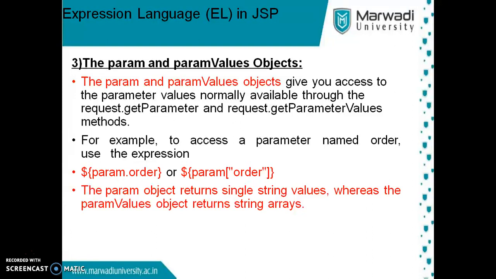You can write dollar curly braces param.order, where order is the parameter name, or you can simply write dollar curly braces param, in square brackets write order. These are the syntax. The param object returns a single value, it can be a string or anything, whereas the paramValues object returns a string array.